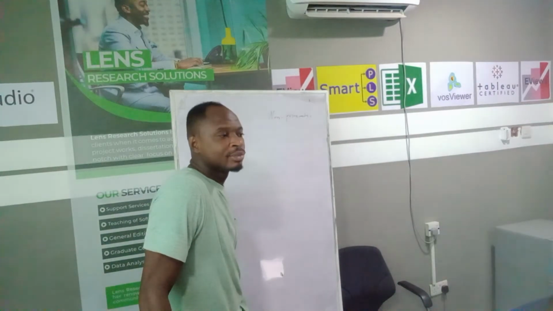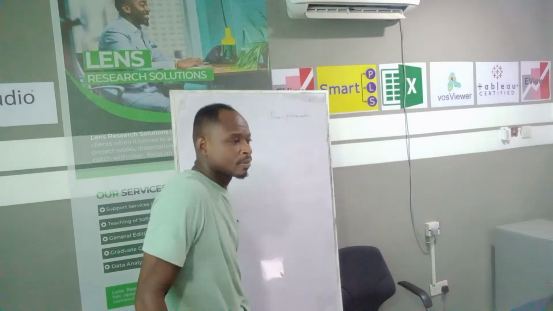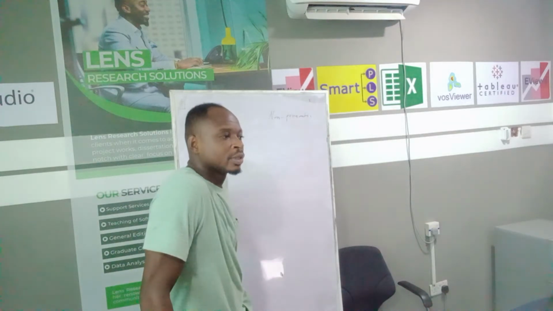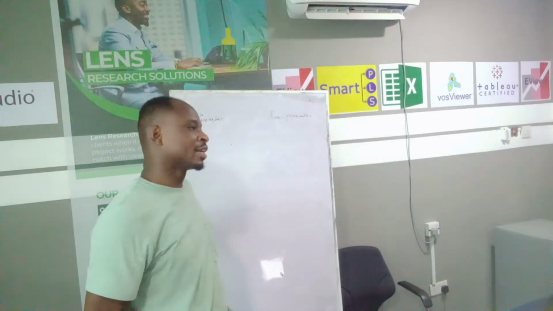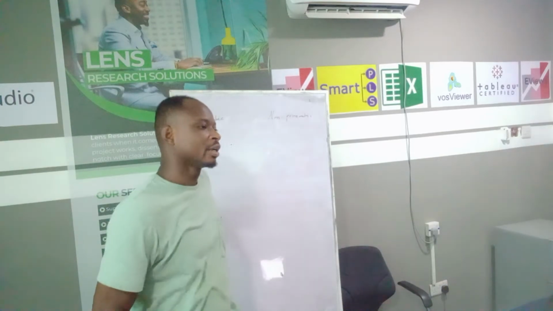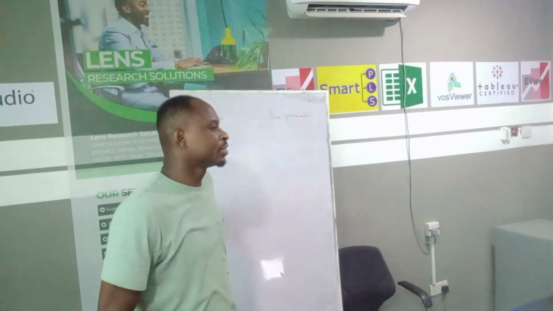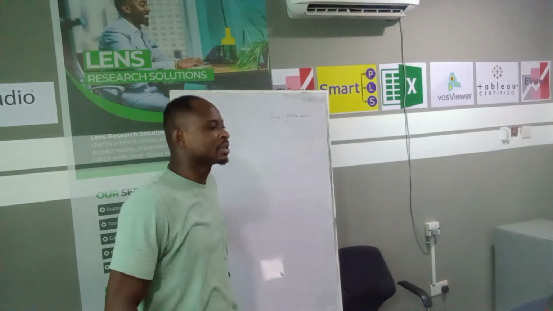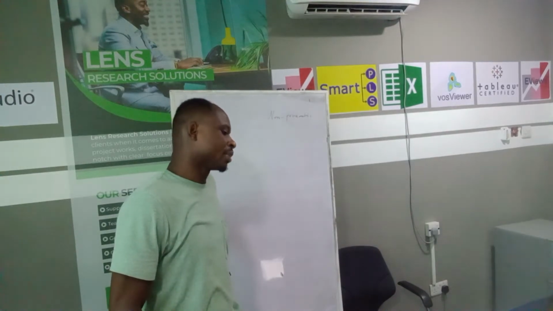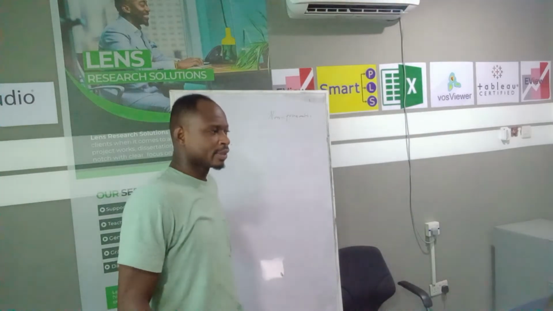You can run descriptive to also look at non-responses or missing values. If 200 people have answered and you run frequency, those who didn't enter, you will see them. Those that you have entered wrongly, you can also see.